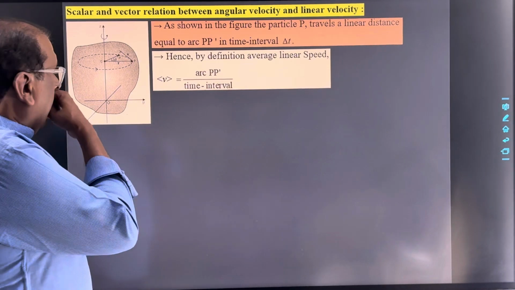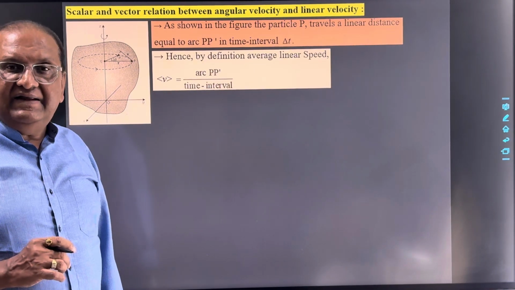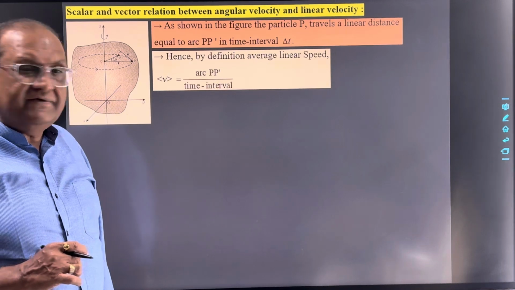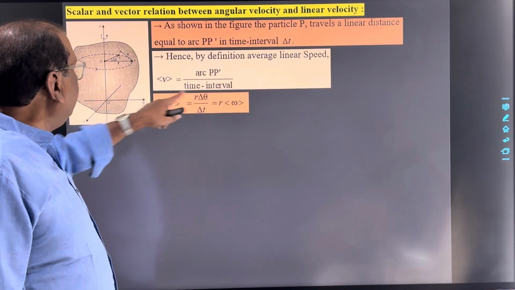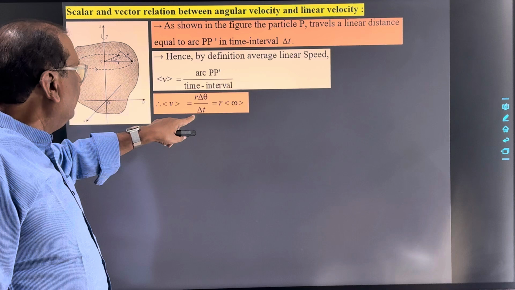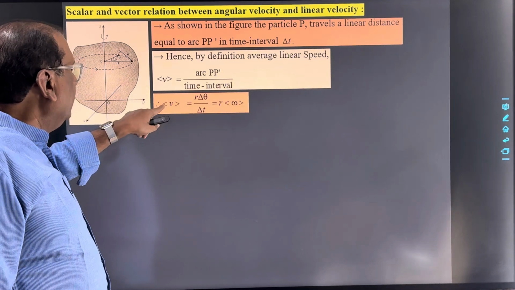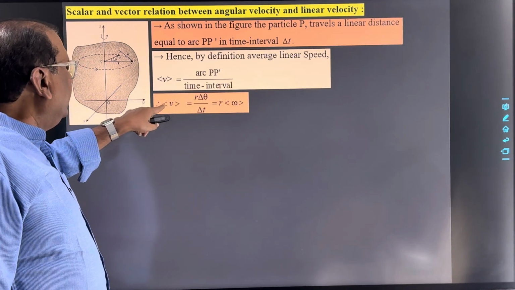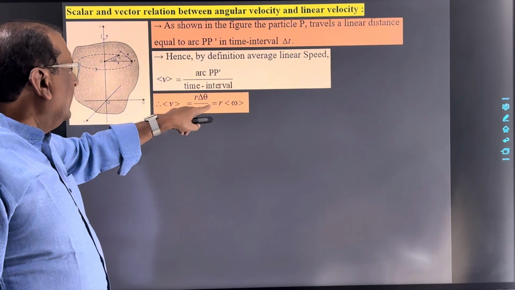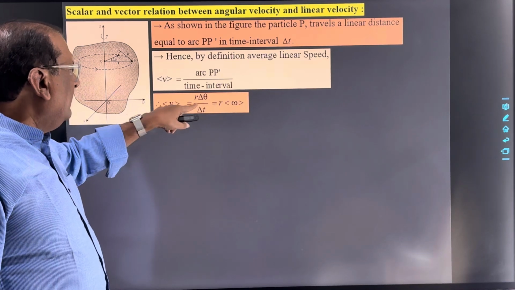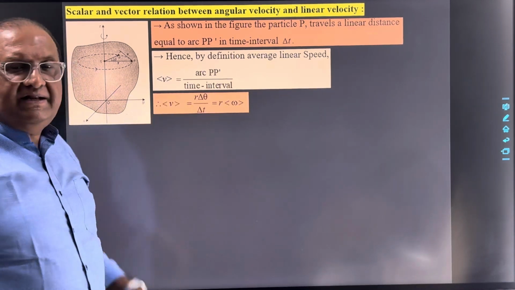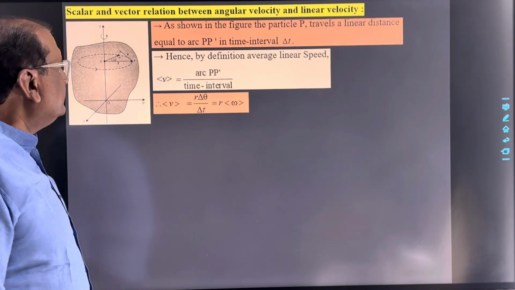Arc is angle into radius, so arc PP dash is r delta theta upon delta t. So average linear speed is equal to r into delta theta by delta t, that is r times average angular speed.